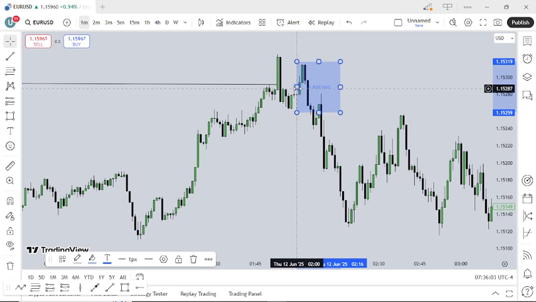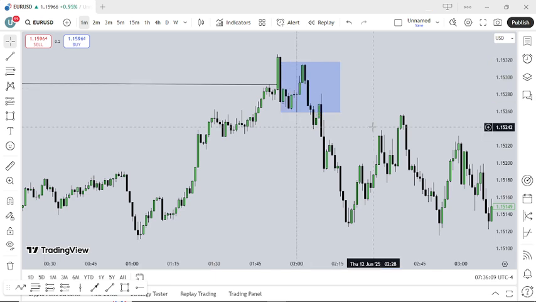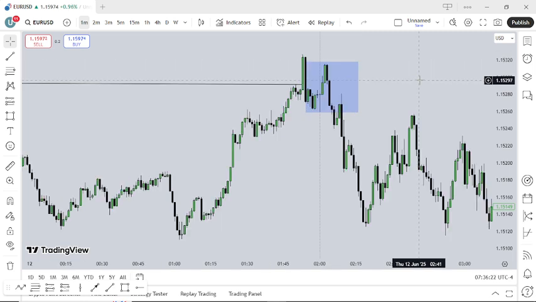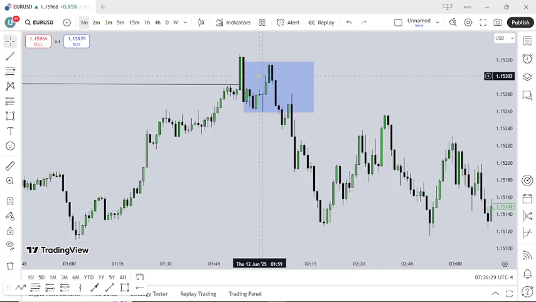Sometimes price will take out the liquidity when the market opens, like during the session, but sometimes it can take out the liquidity before the session opens. Then what will happen is that the PDRA will form inside of the session, just like what we have here.